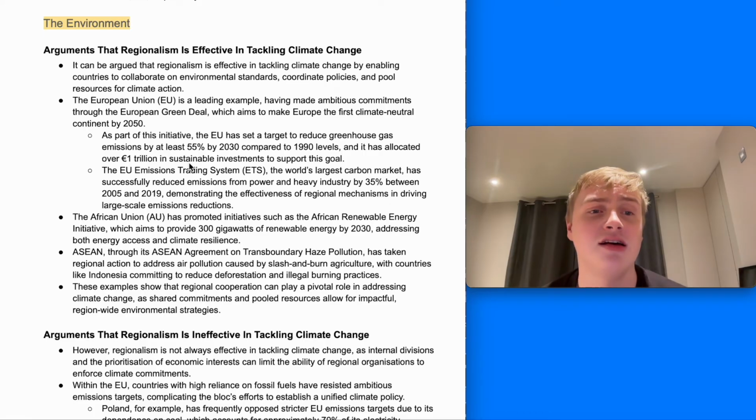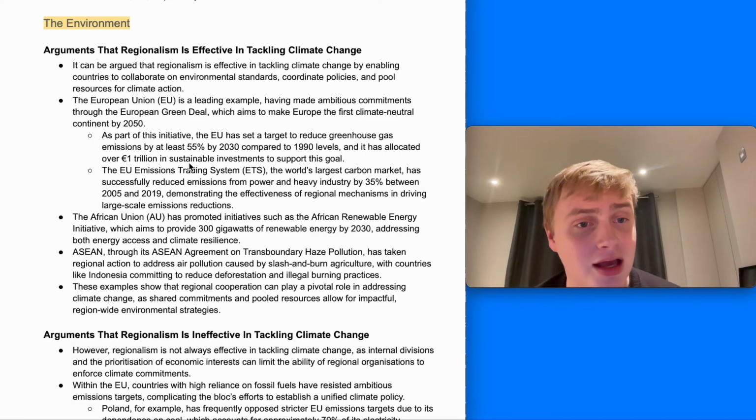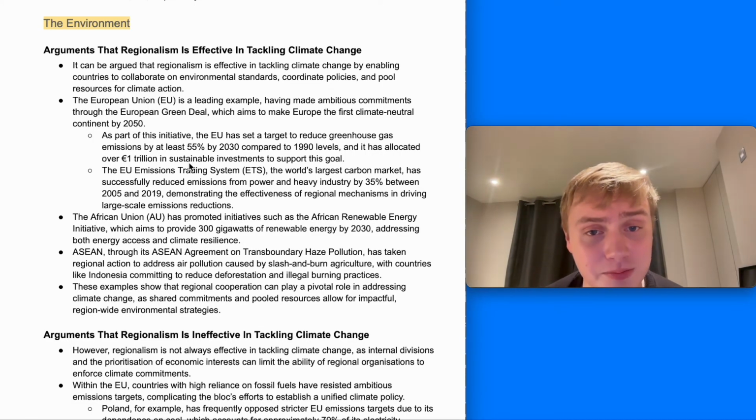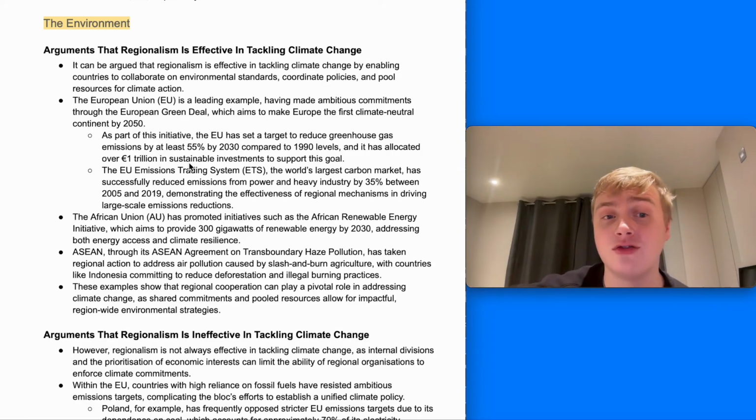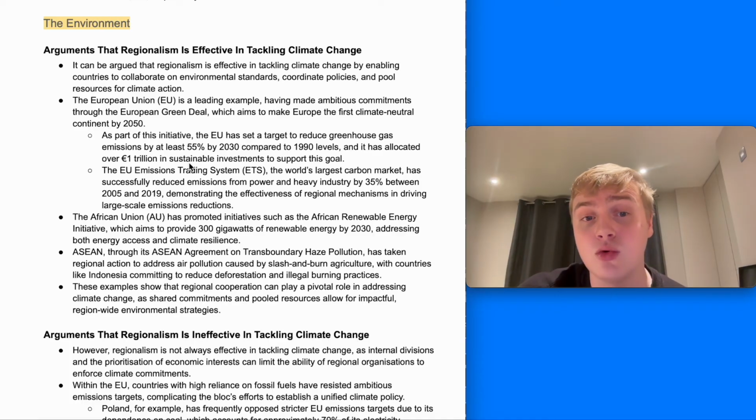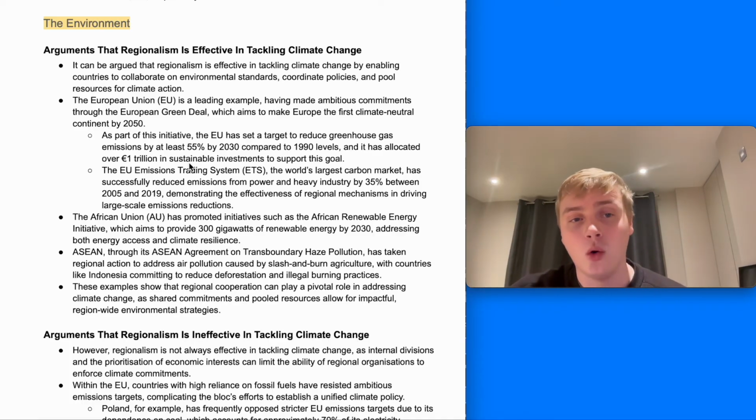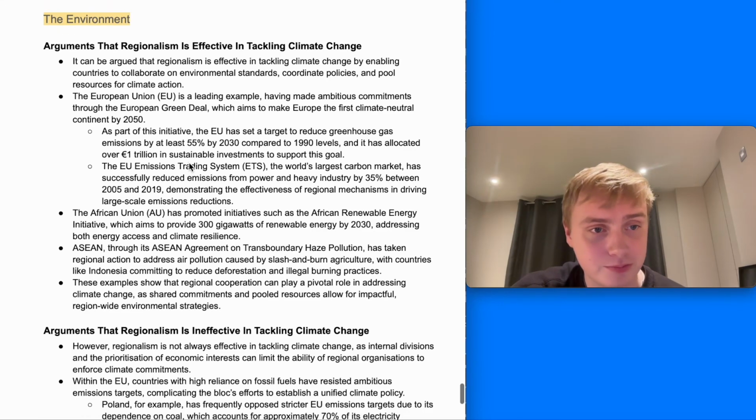It's set a target to reduce greenhouse gas emissions by at least 55% by 2030 compared to 1990 levels, and its emissions trading system is the world's largest carbon market, has been really important in reducing carbon emissions by heavy industry. The EU's also allocated over $1 trillion in sustainable investments to support its goal to reach net zero.